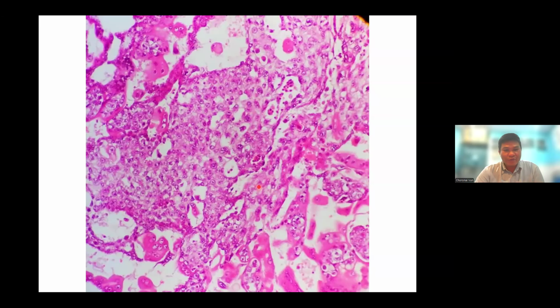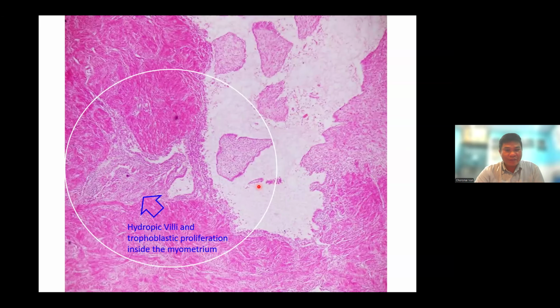Some chorionic villi invade the myometrium, with trophoblastic proliferation in the myometrium.